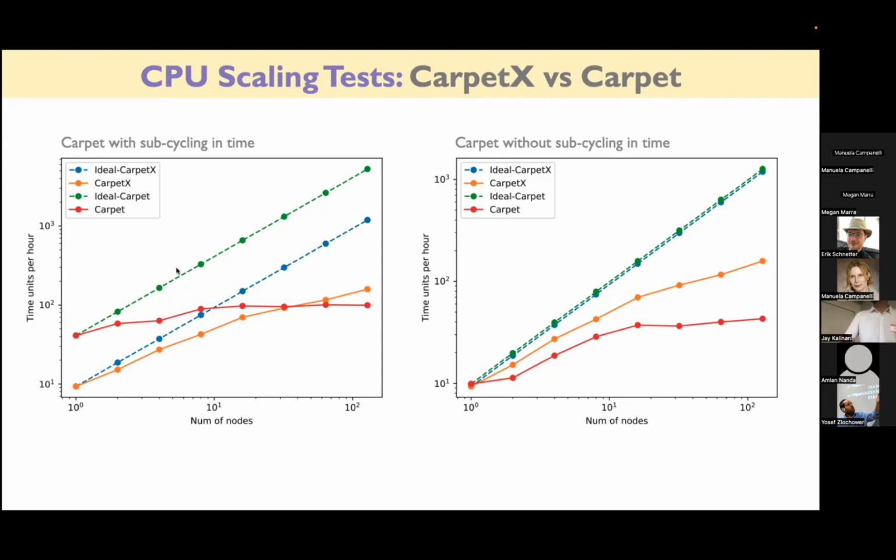With subcycling in Carpet, we saw that for the initial number of nodes Carpet does a better job, but later on CarpetX takes over. And when we switch off subcycling in time for Carpet, CarpetX certainly does a much better job.